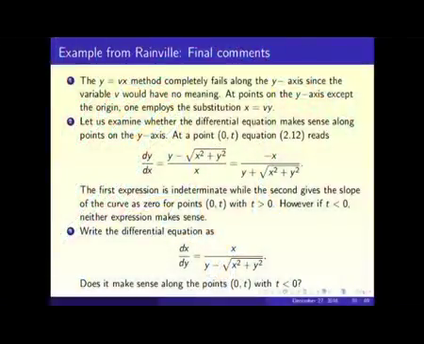Now on the other hand, you could write the differential equation as dx by dy equal to x upon y minus square root of x squared plus y squared. Does this expression make sense at points (0, t) with t less than 0? So if t is less than 0, then what happens at (0, t)?